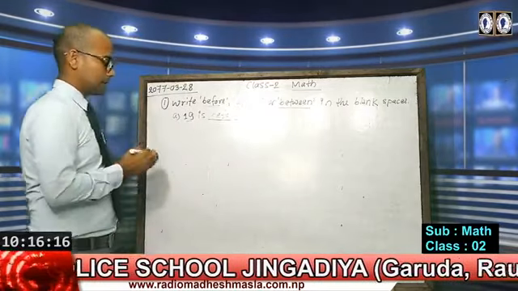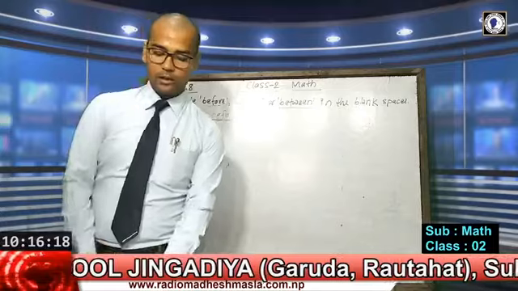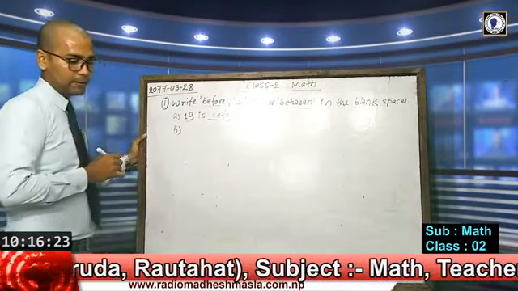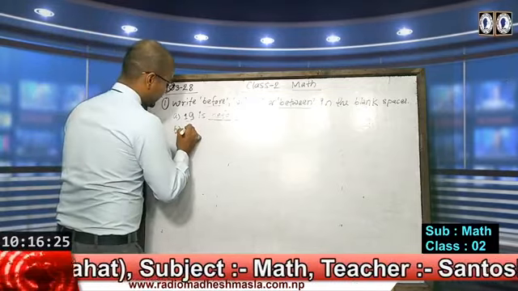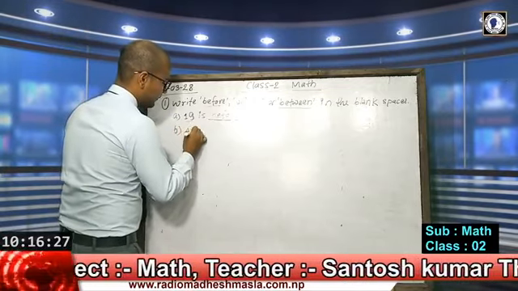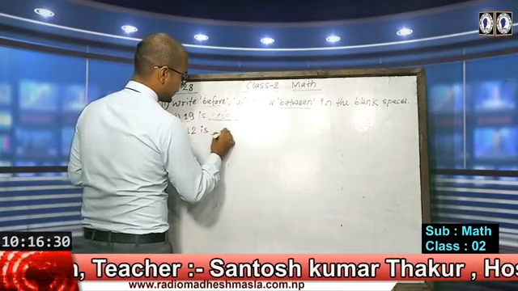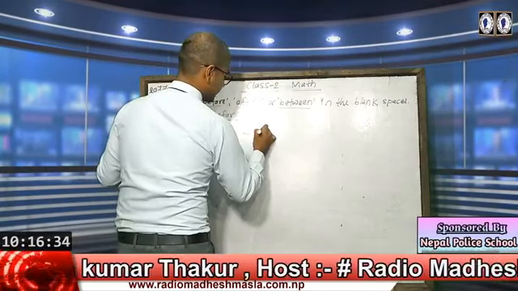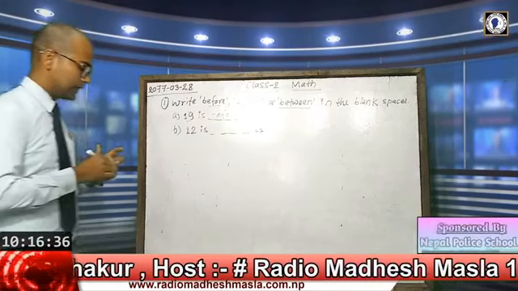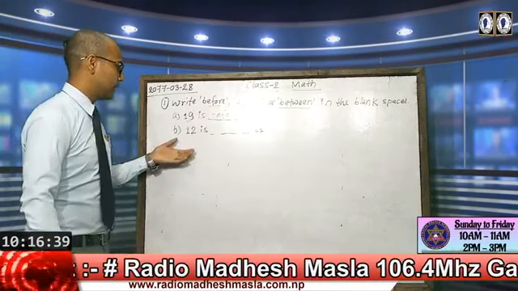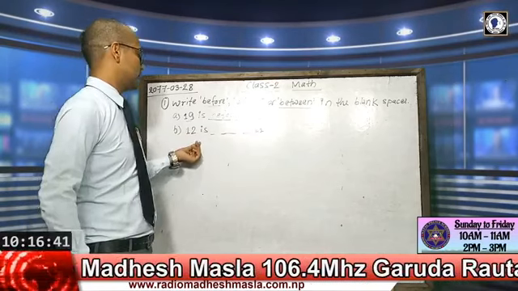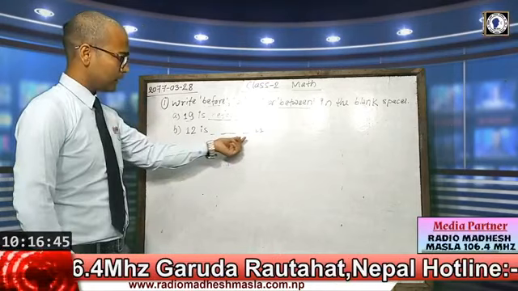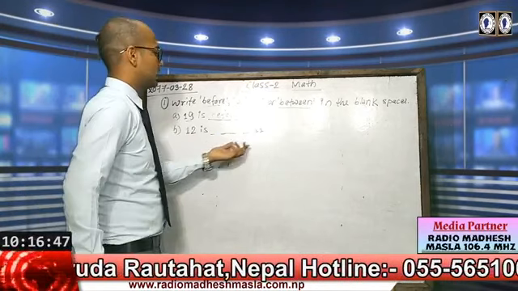Then suppose our second question will be like this. 12 is dot dot dot dot 11. Again we think about the given two numbers, which one comes before or which comes after.